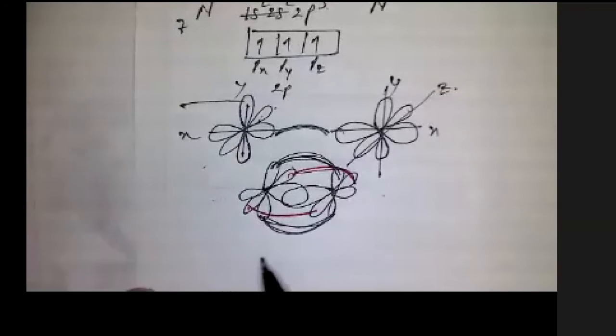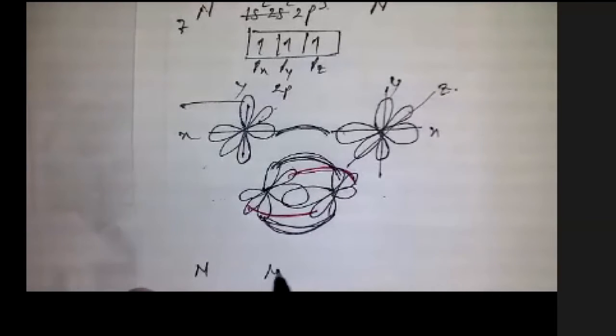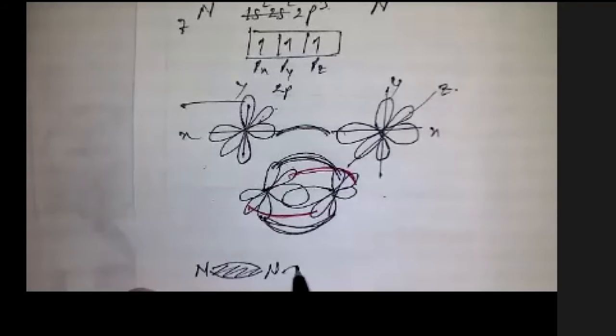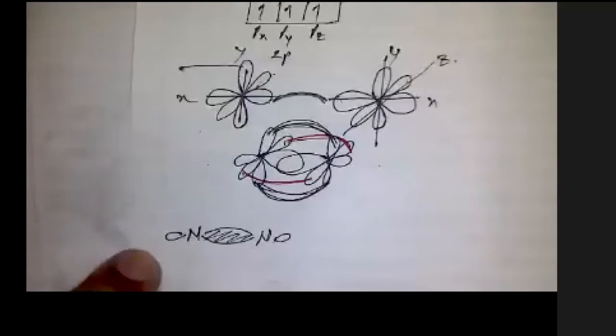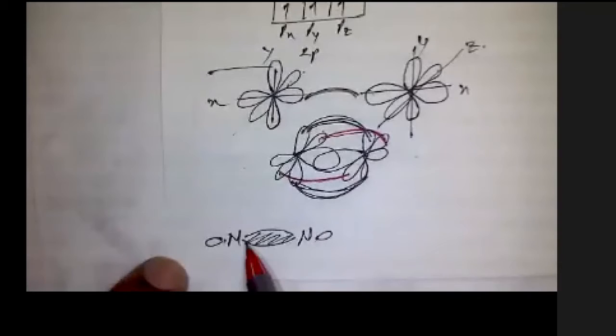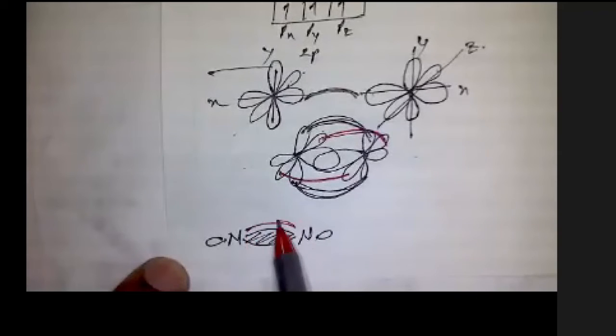So in this case, what will I draw? Nitrogen, nitrogen. This is your main overlapping, that is sigma. Apart from this, what is there? There's another overlapping just on top of this. And one more overlapping will be there, which to represent perpendicular is not possible because it is above this.